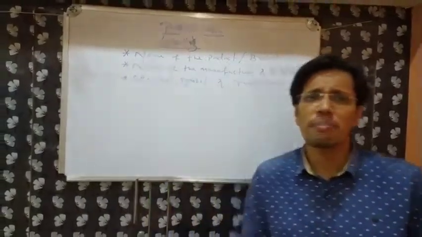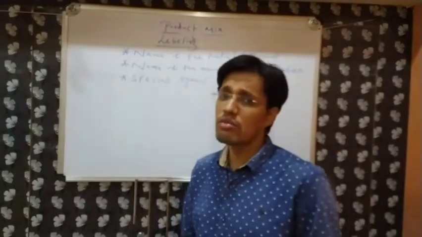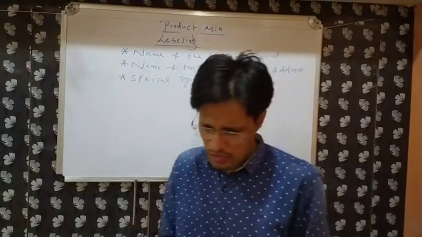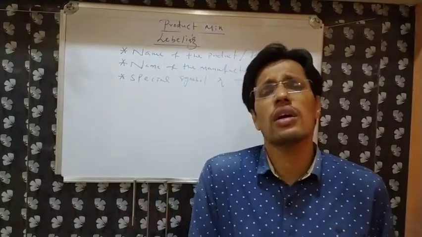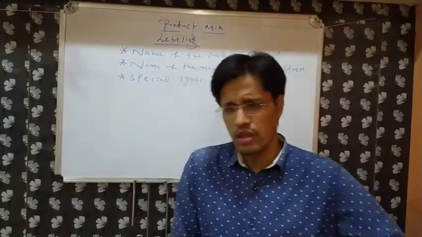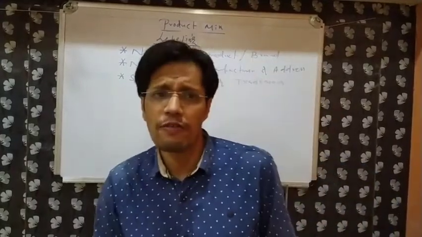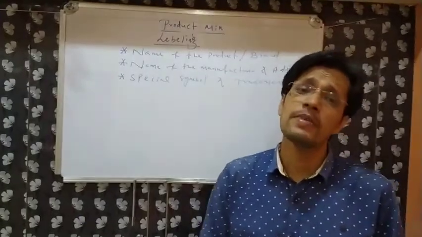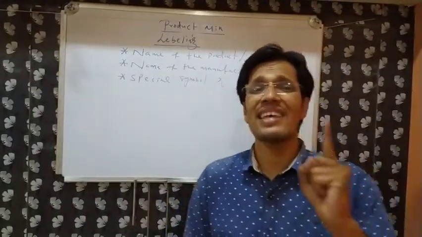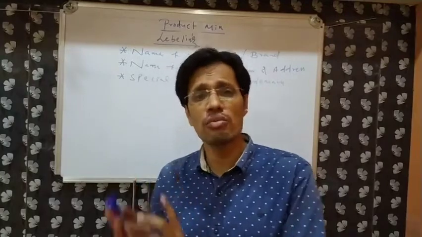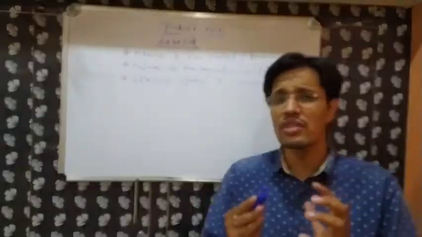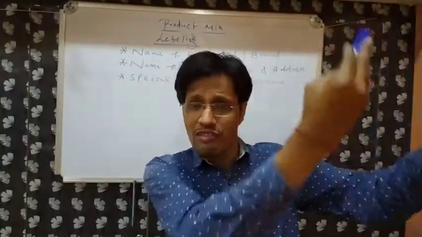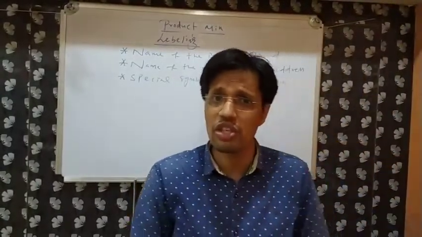So usually companies, in order to win the confidence of the consumer, try to give some trademarks, like ISO 9001, which is offered by some central government agency or state government agency.